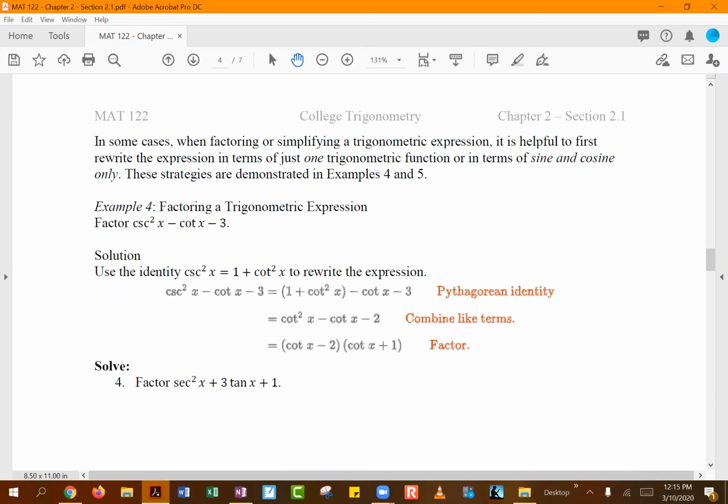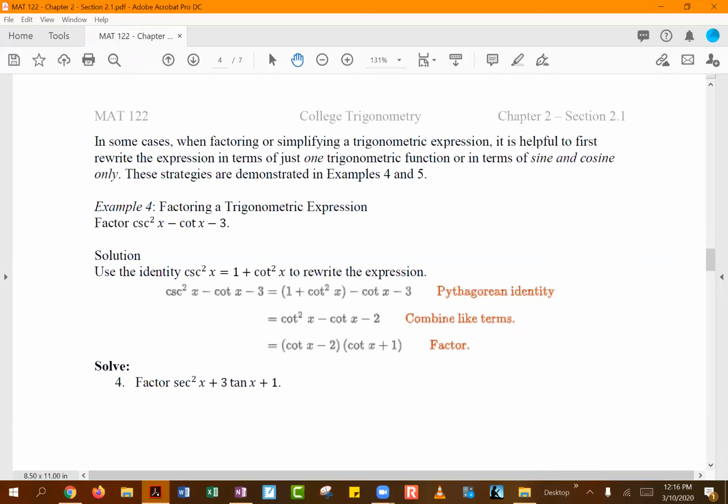Okay, so this one is talking about, if it helps, go ahead and rewrite your expressions using only one trigonometric function. And usually, if you can bring it down to either the sine or the cosine function, it makes our solving of the example a lot easier. Because look at this example here.